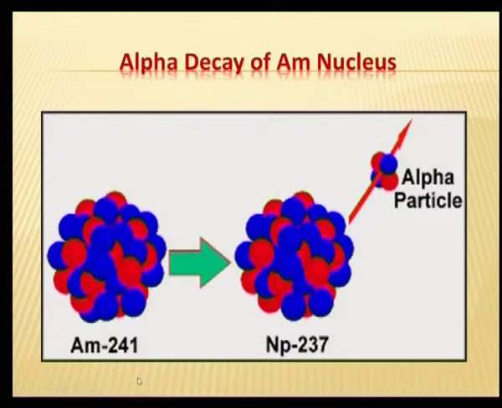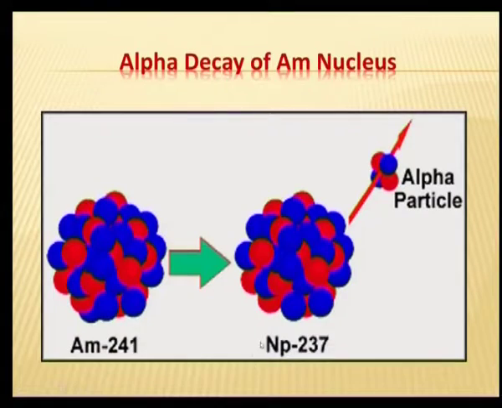So, americium with mass number 241 undergoes transmutation to neptunium nucleus with mass number 237. 237 plus 4 makes 241. So, this is a parent nucleus giving rise to a daughter nucleus after the emission of the alpha particle. Therefore, alpha particles can be emitted from uranium or americium.